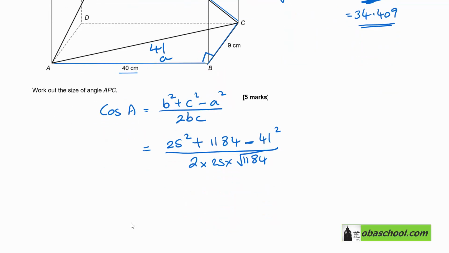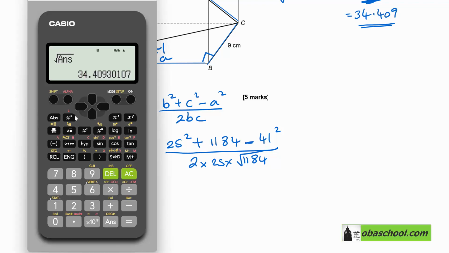So we can calculate that and then work out the angle from that. So we have 25 squared, add 1184, take away 41 squared, and divide that by 2 times 25 times the square root of 1184, and that gives me 0.0743.